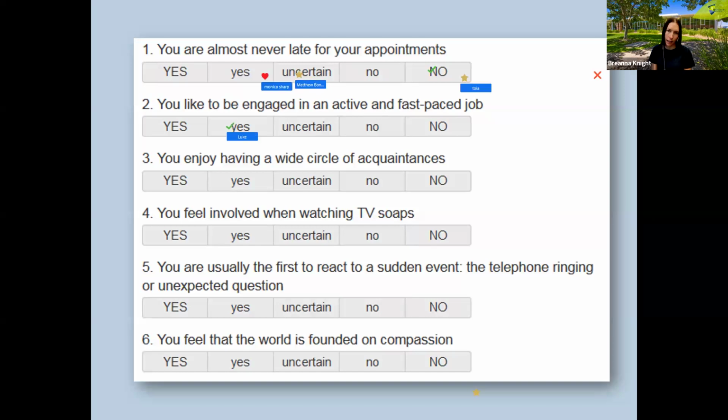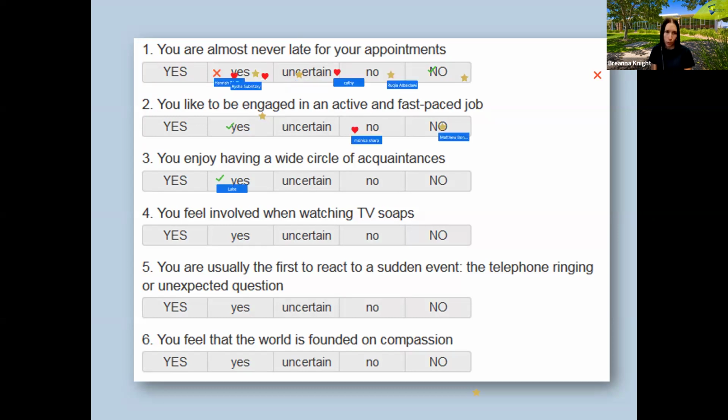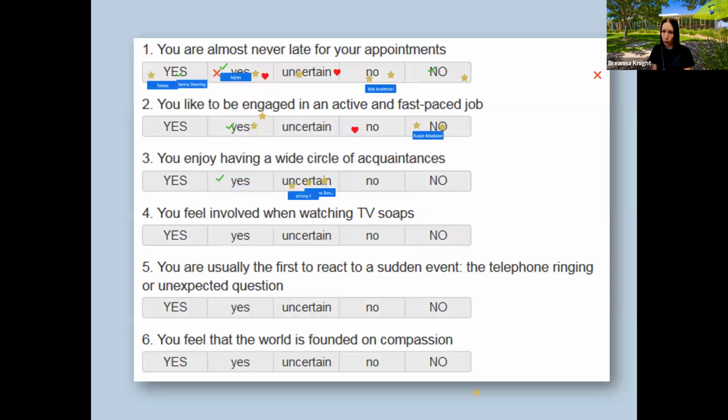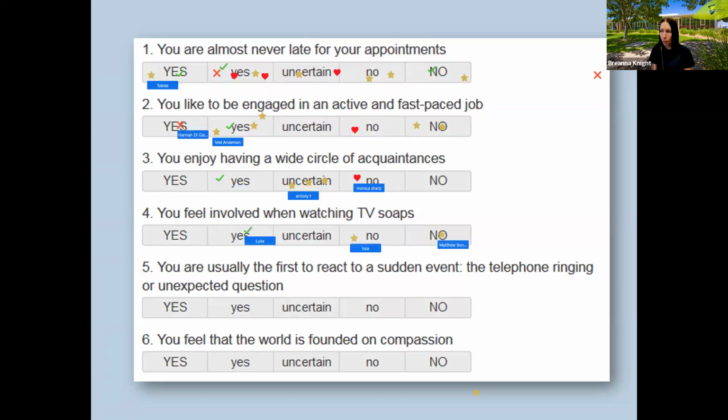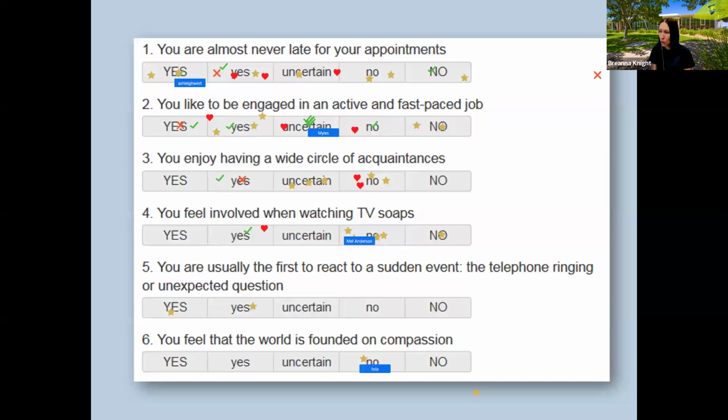I know that's easy to say, harder to do, but try and sort of go with your gut here, what comes to mind first. It might also help, like we were saying before, to think about it in a study context. Depending on your life and job, you might have learnt to be on time all the time because you have to be, but maybe left to your own devices, you'd be late. So have a think about which one you think genuinely is you.